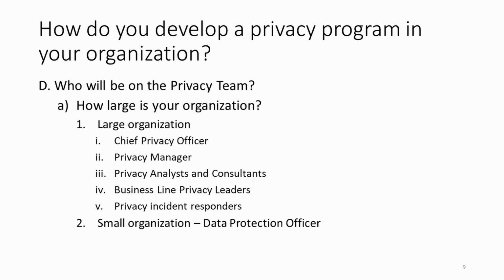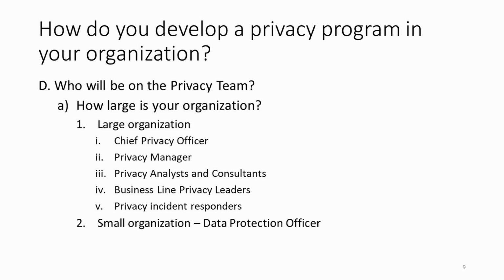So when you think about the structure there, from the top down, we've just talked about it, but from the bottom up, privacy incident responders and business line privacy leaders, they'll be at the forefront of the line of business, where there are people there who are talking to customers, and in those teams you might have a business line privacy leader who's also giving advice or a partner with all of these teams, so that they are also protecting privacy correctly, collecting it properly, and protecting it, and basically complying with your privacy program.